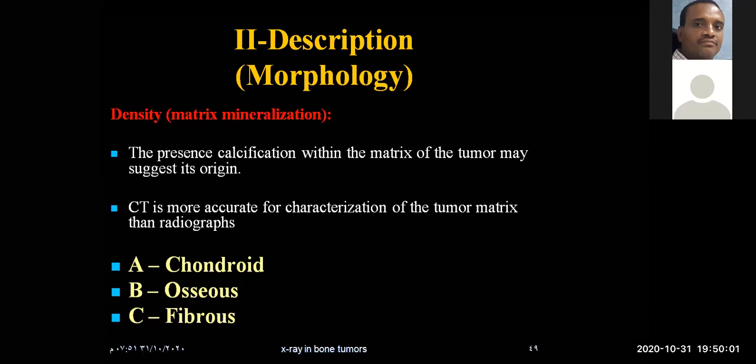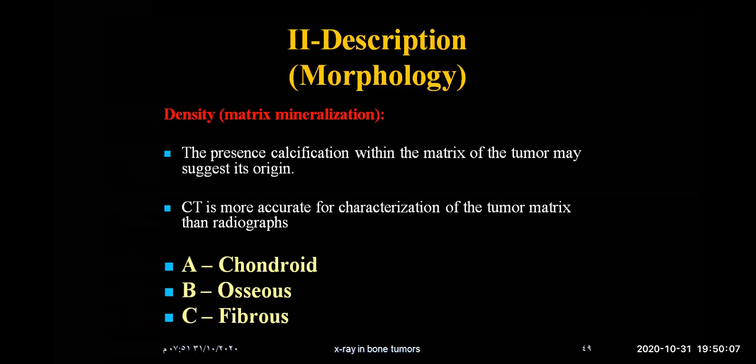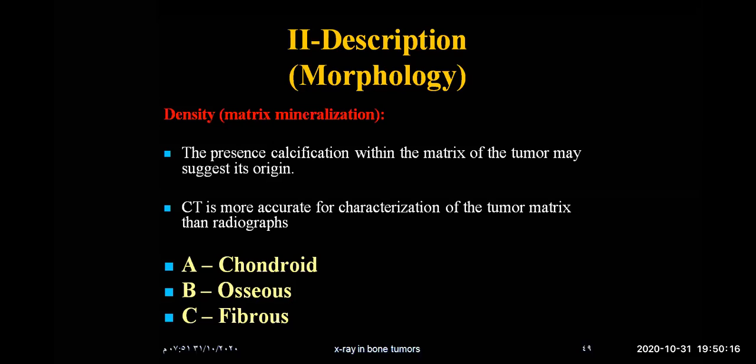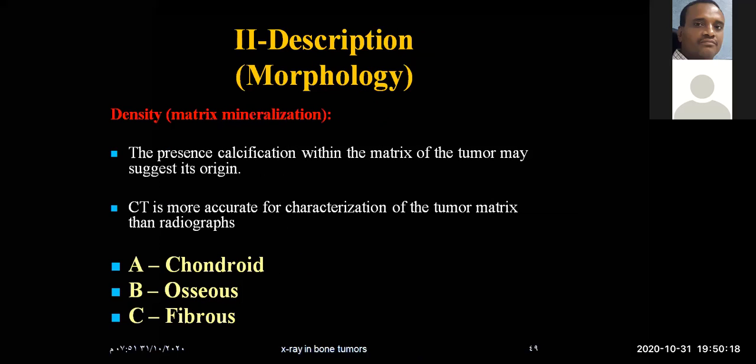If you remember in the first or the second slide, I said it is reliable and coincides with histological diagnosis. From the matrix, I can judge what type of tumor. Is it chondroid? Is it osseous or fibrous?